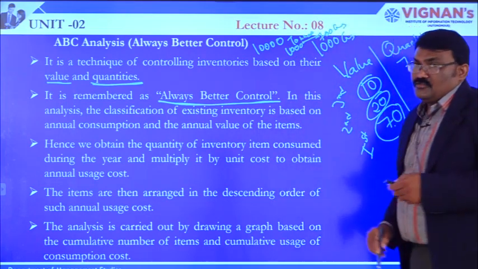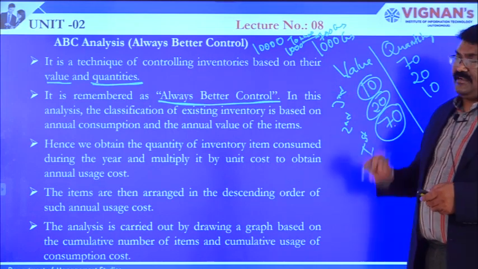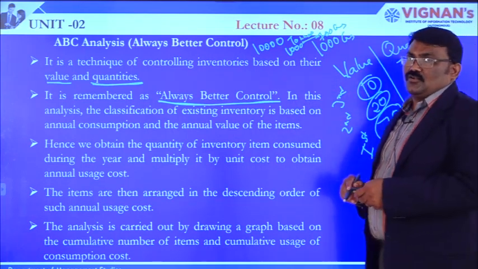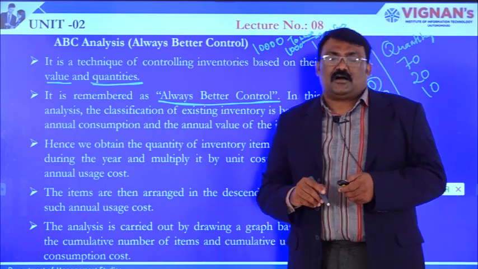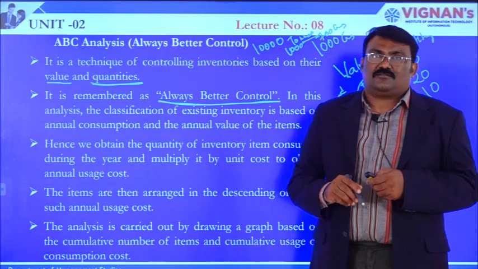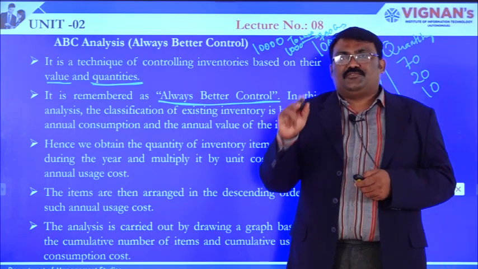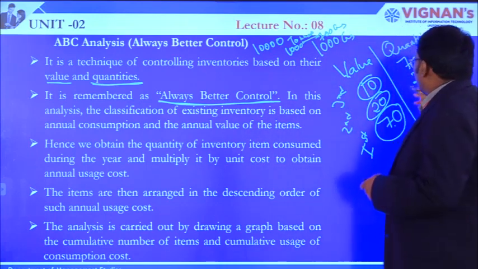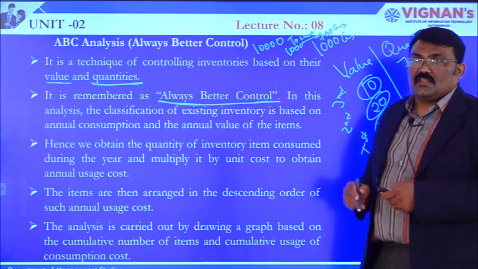So, for that they give the importance, that is what always better control does. Always better control makes possible the control of the highest value which is at the lowest quantity.